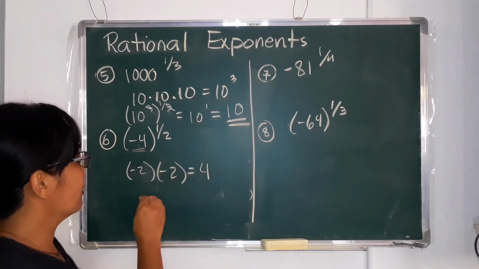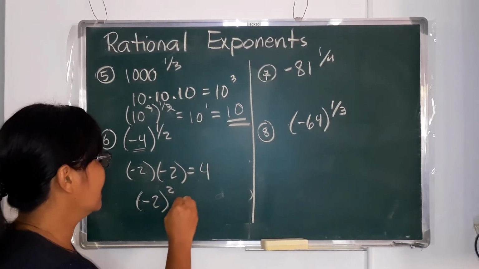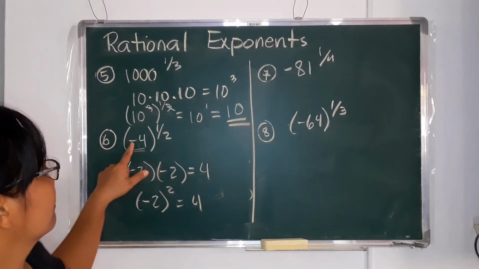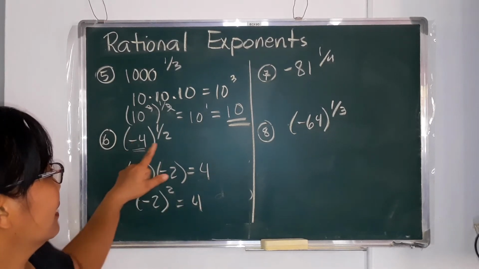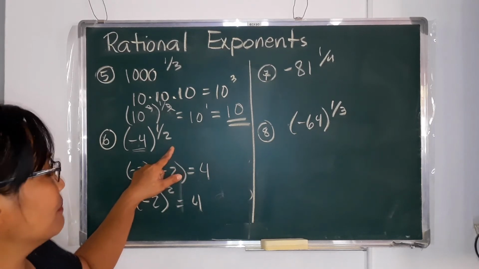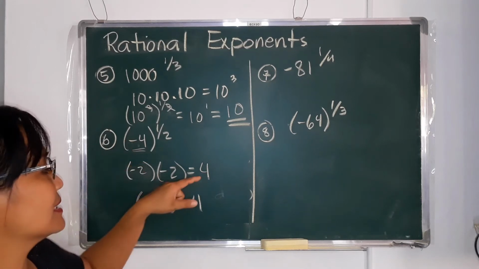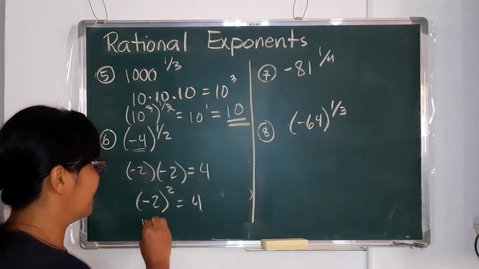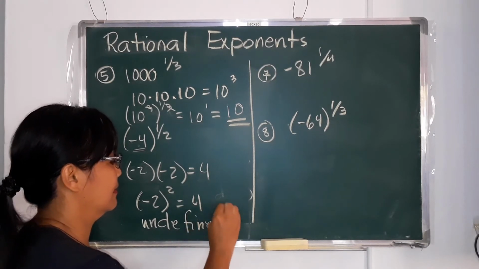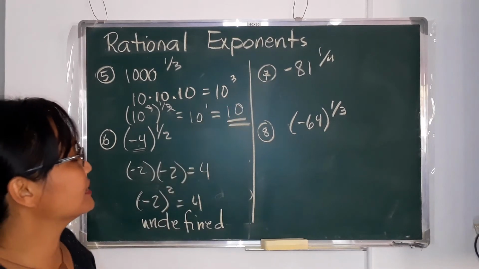Or we can write it in exponential form, negative 2 raised to 2 is equal to 4. So it's not possible because this is negative. And as I have said a while ago, if the denominator is an even number and the base is negative, then it's not possible. So this is already undefined. Okay? No answer.